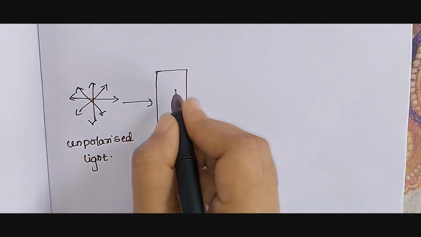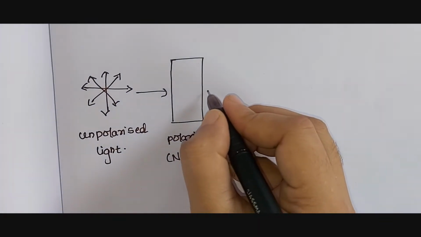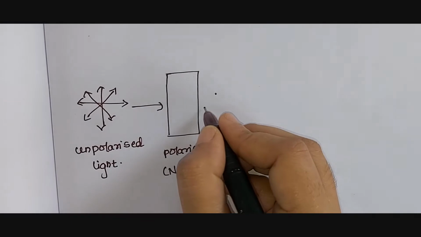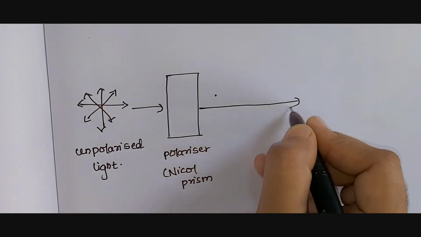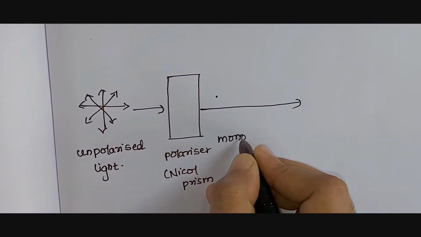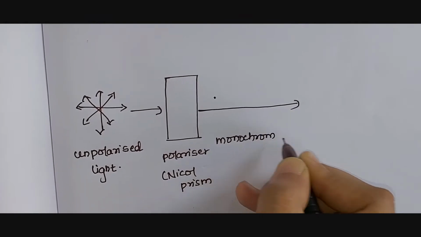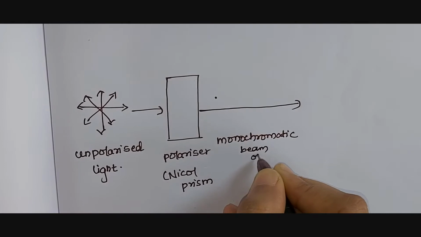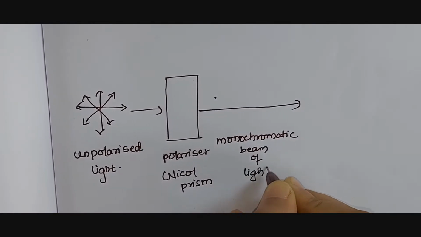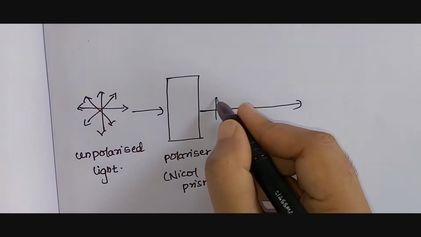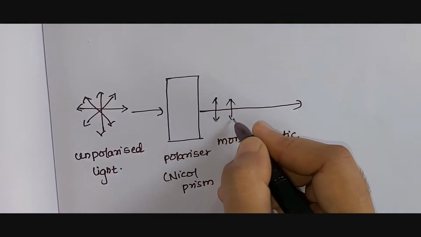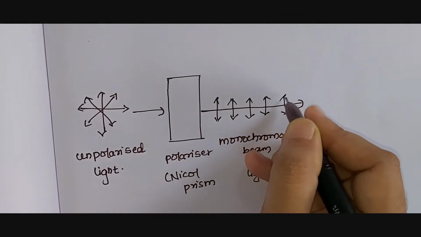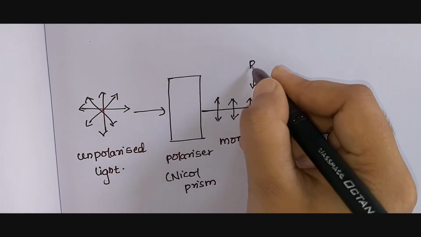That ray we call plane polarized light, or polarized light, a monochromatic beam of light, which has light moving in only one possible direction. The light travels in the form of a wave. Here we observe that only one possible wave is obtained, and such a wave we call plane polarized light.